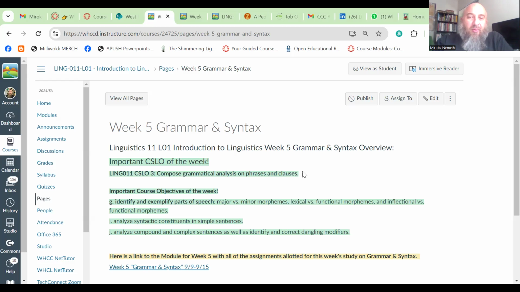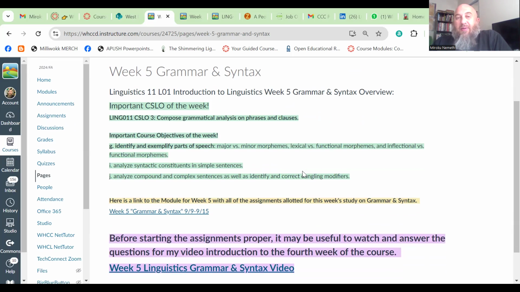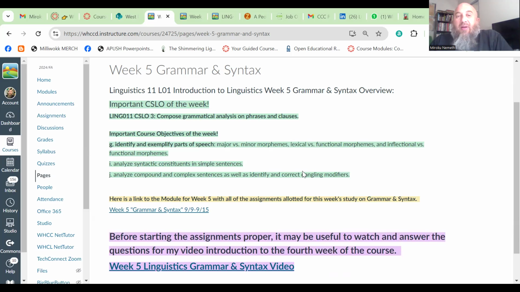But the CSLO, out of the four that we have, is to compose grammatical analysis on phrases and clauses. And the course objectives include identify and exemplify parts of speech. And then the other stuff we're not working on until we get to morphology.